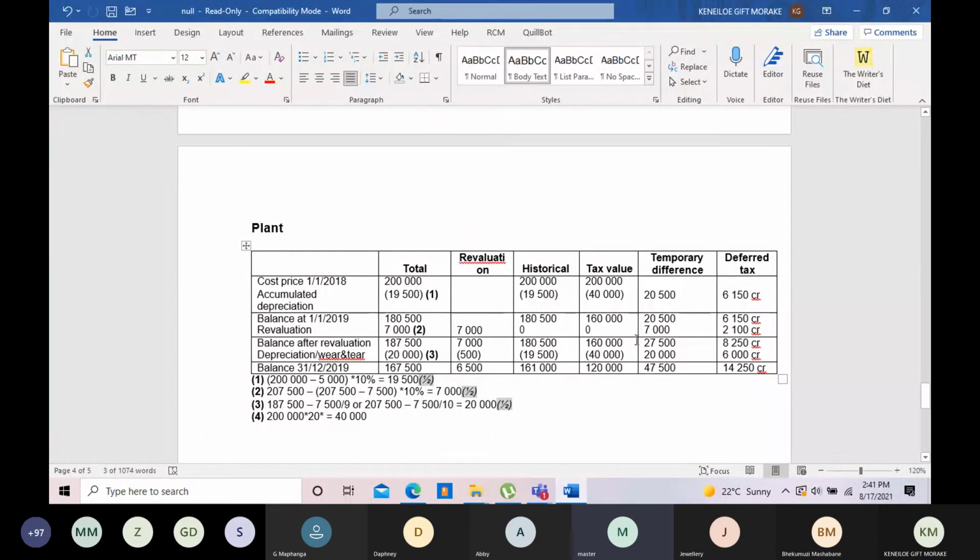Don't be surprised if I'm saying 0.3; 0.3 is the same as 30%. I'm avoiding saying 30 divided by 100, it is time consuming. So you say 7,000 multiplied by 30%, you get 2,100, on the credit side as well, because this amount is positive. 27,500 multiplied by 30%, you get this amount. Same thing, and so on and so on.